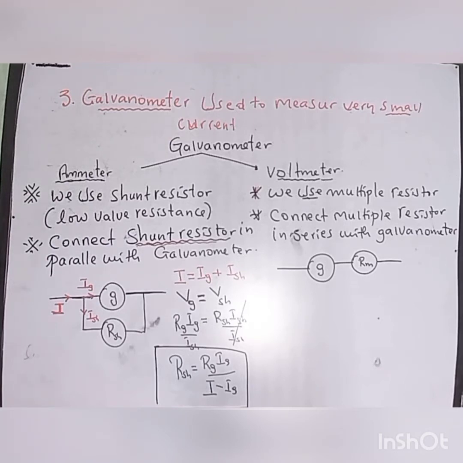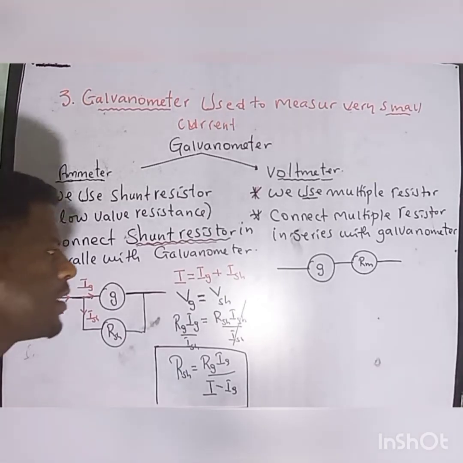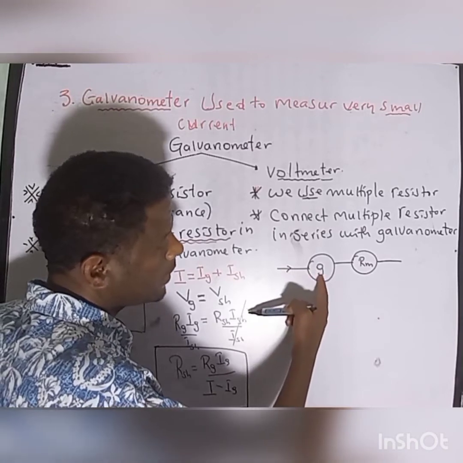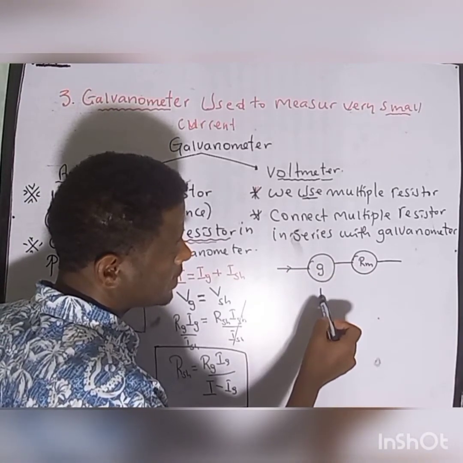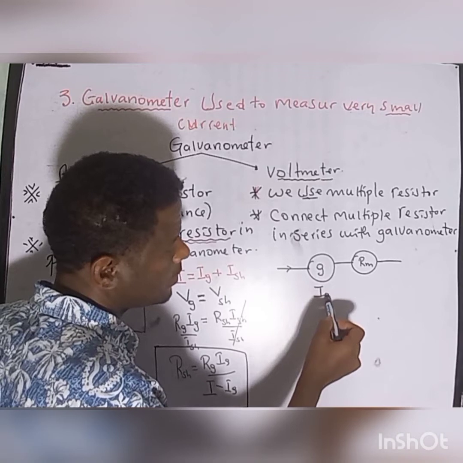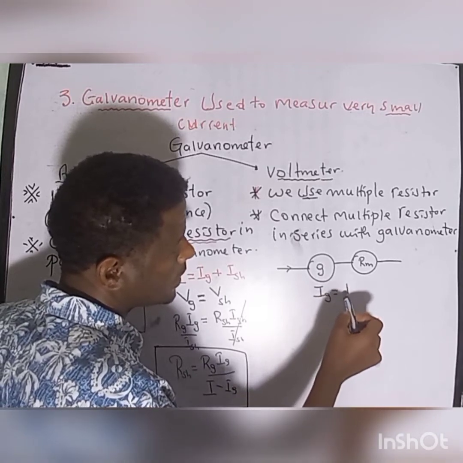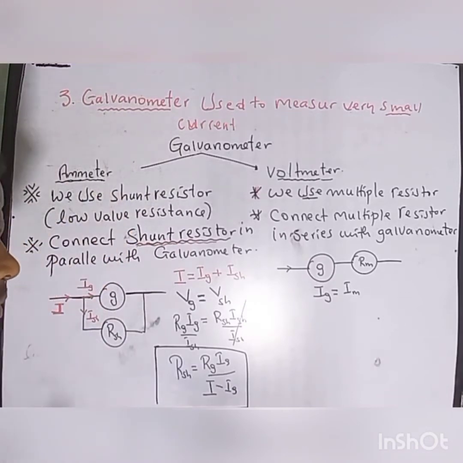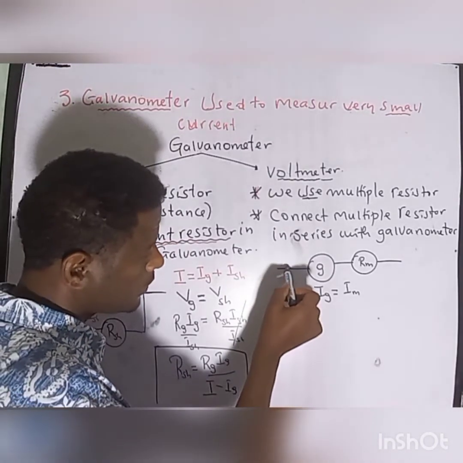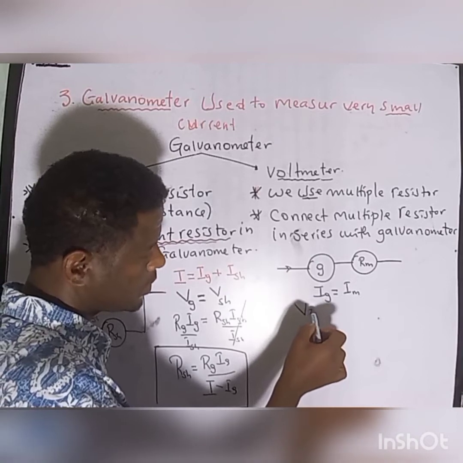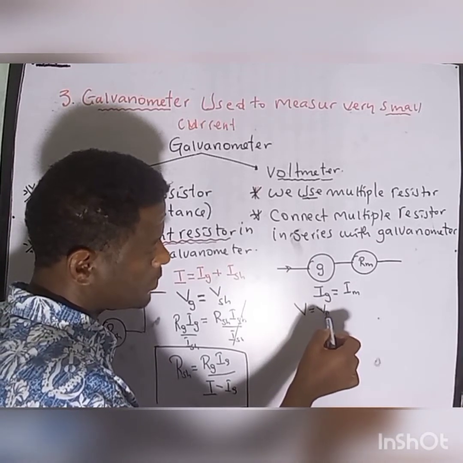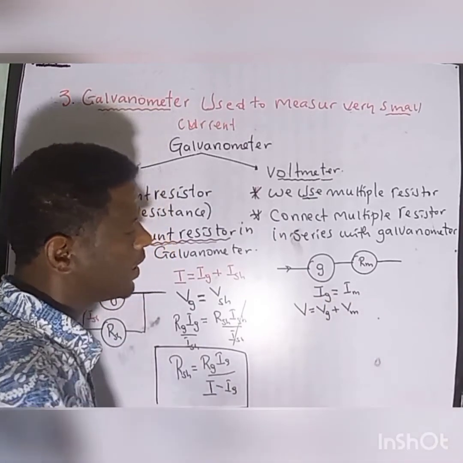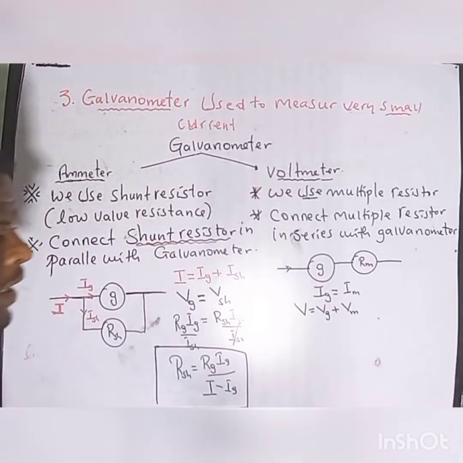What is the value of the multiple resistor? To find this, since both the galvanometer and the multiple resistor are in series, the current through the galvanometer equals the current through the multiplier. And the voltage from the source equals the voltage through the galvanometer plus the voltage through the multiplier.